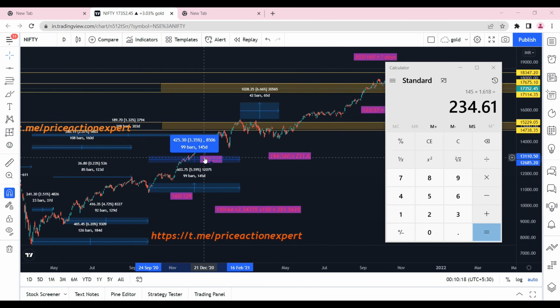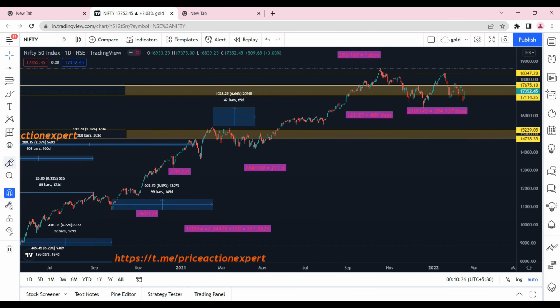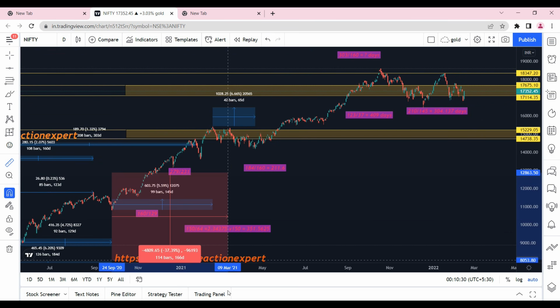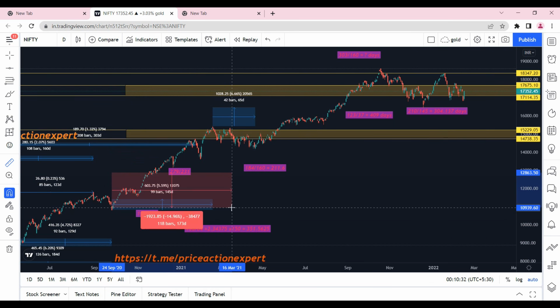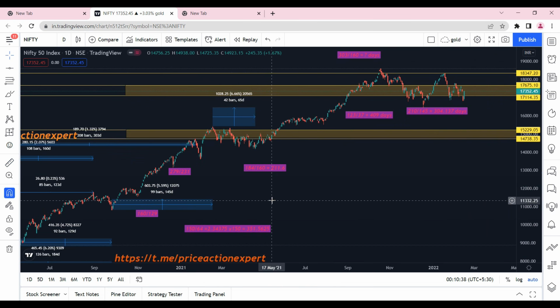Okay, I have taken this 145 days. So 145 into 1.618 is equal to 234.61. So I'm going to start from here. 234 or 235 days. 234. That's hilarious because we are getting triple confirmation at the same time actually.